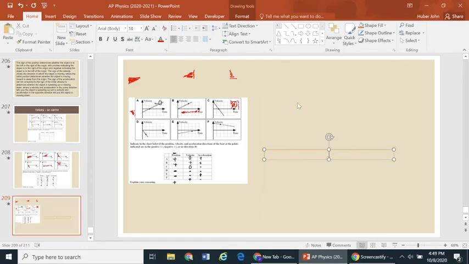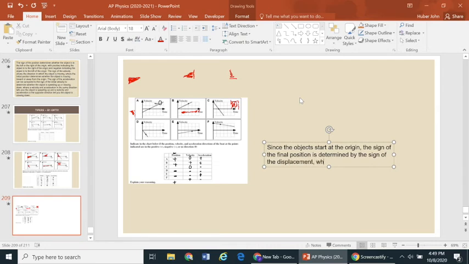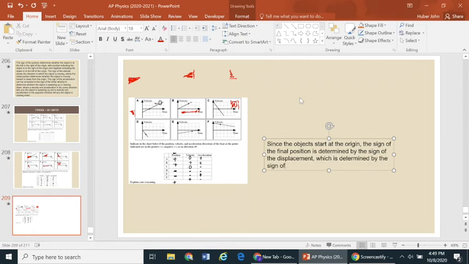We can say here for the position, since the objects start at the origin, the sign of the final position is determined by the sign of the displacement, which is determined by the sign of the area under the curve.